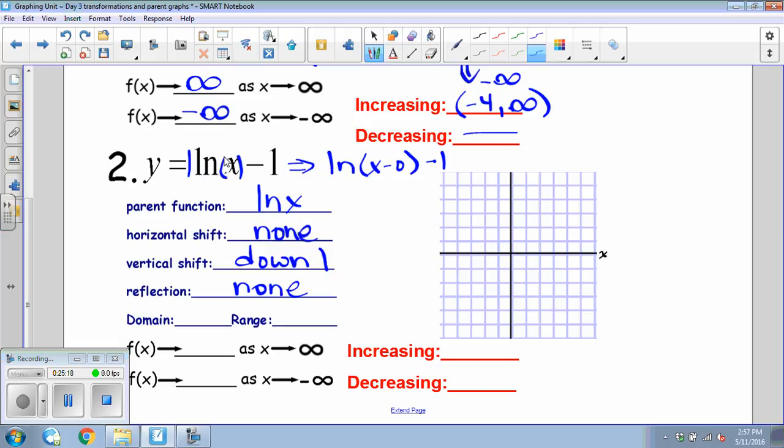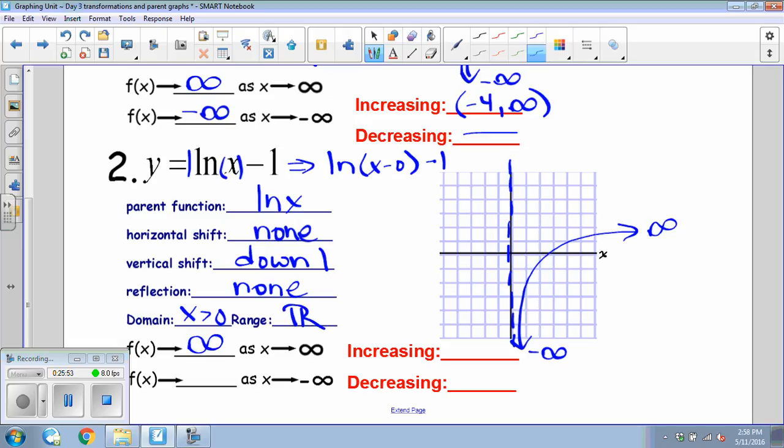Okay, it wasn't shifted horizontally at all. So my vertical asymptote is still at 0. However, it was just shifted down 1. So it just looks something like this. This approaches positive infinity as it gets larger, and negative infinity as it gets smaller. The domain is all x's greater than 0. The range is all y's.